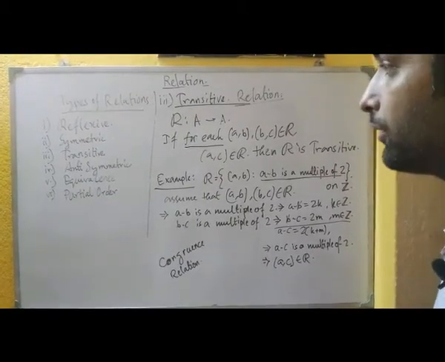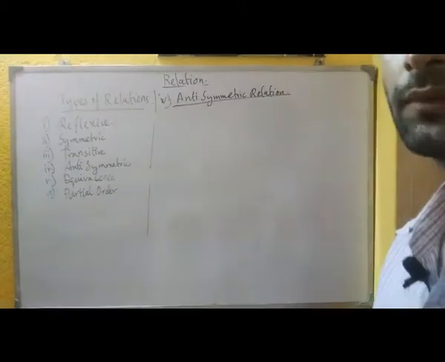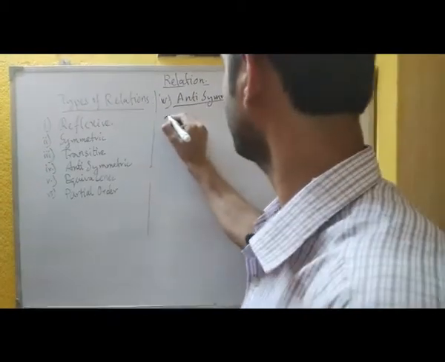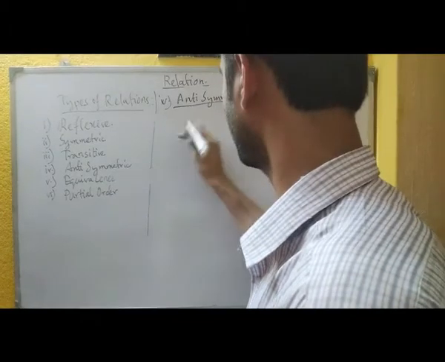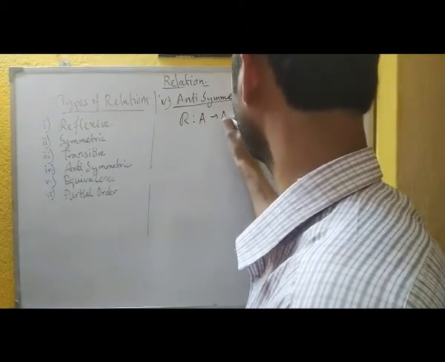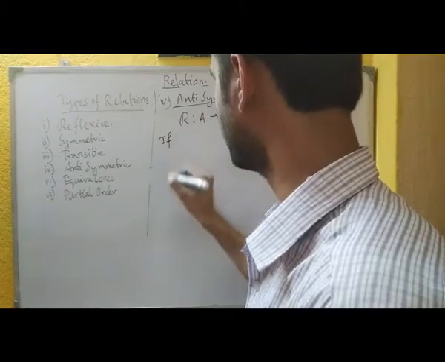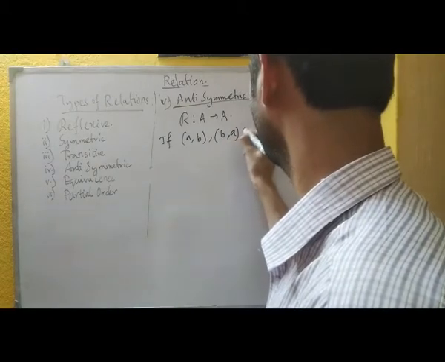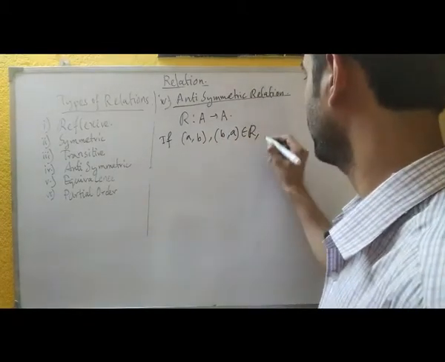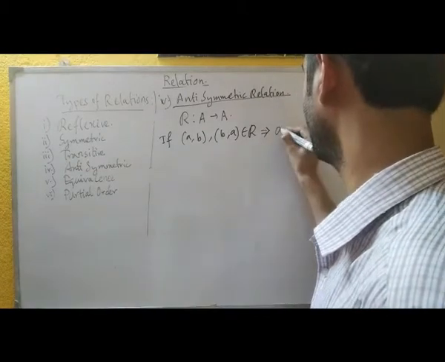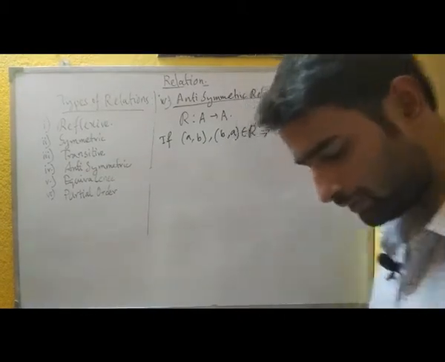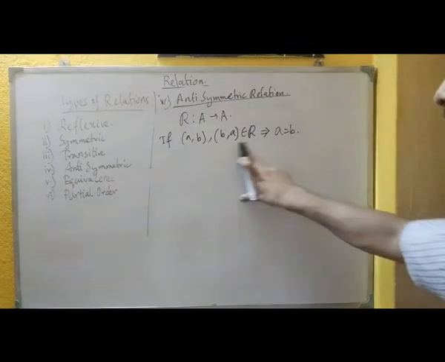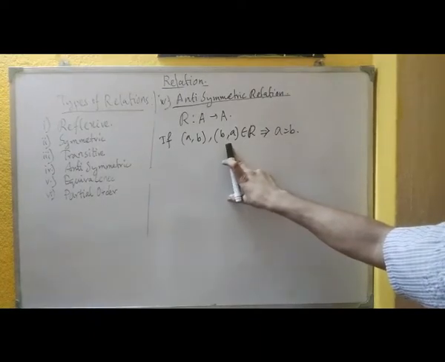Next we see the type antisymmetry. Antisymmetric relations are defined in this way. If, again, we are considering the relation R from A to A, then R is called antisymmetric if (A, B) and (B, A) belonging to R implies that A equals B. That means only for the elements (A, A) it will be symmetric.